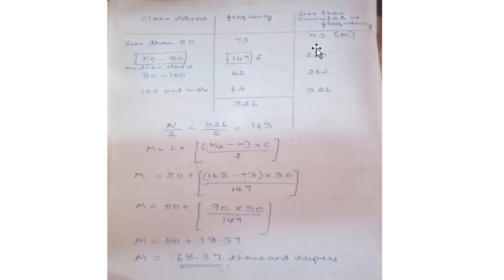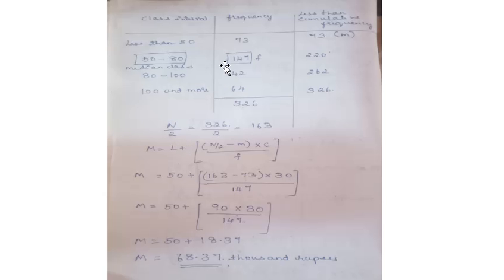So cumulative means the first number is written as it is, the same as in the frequency. But from the next number onwards you go on adding: 73 plus 147 is 220, plus 42 is 262, plus 64 is 326. Now the first step is to calculate n by 2.